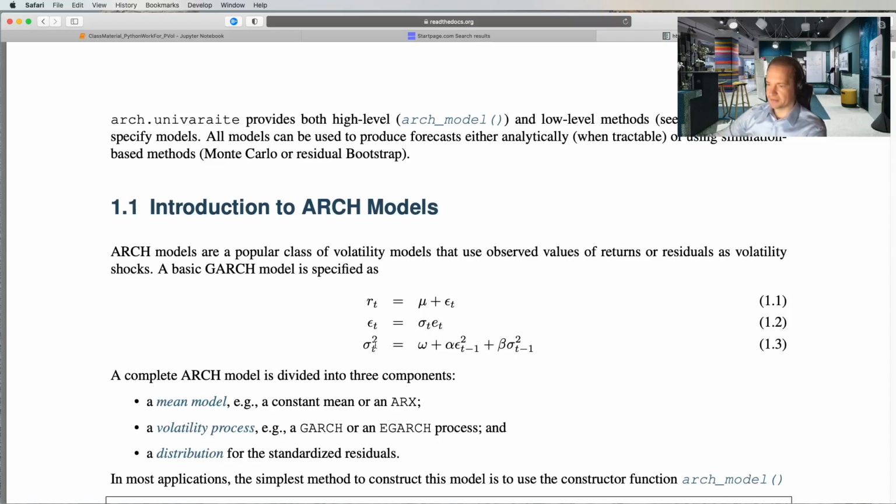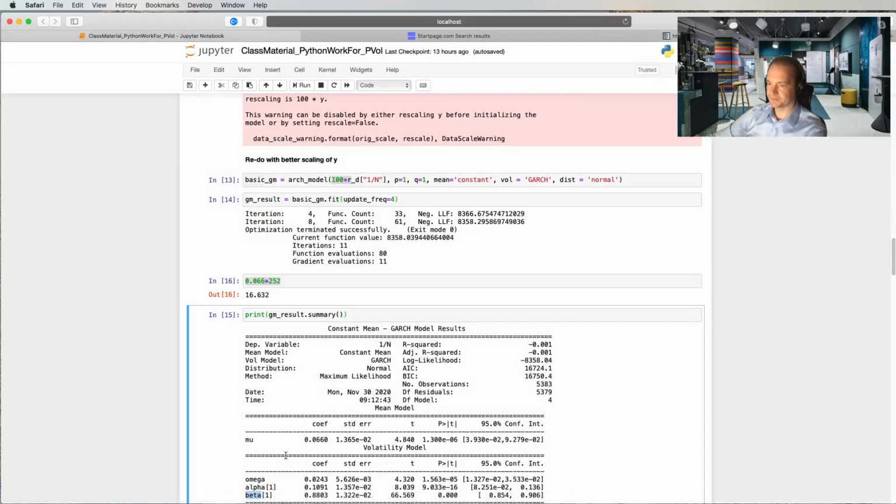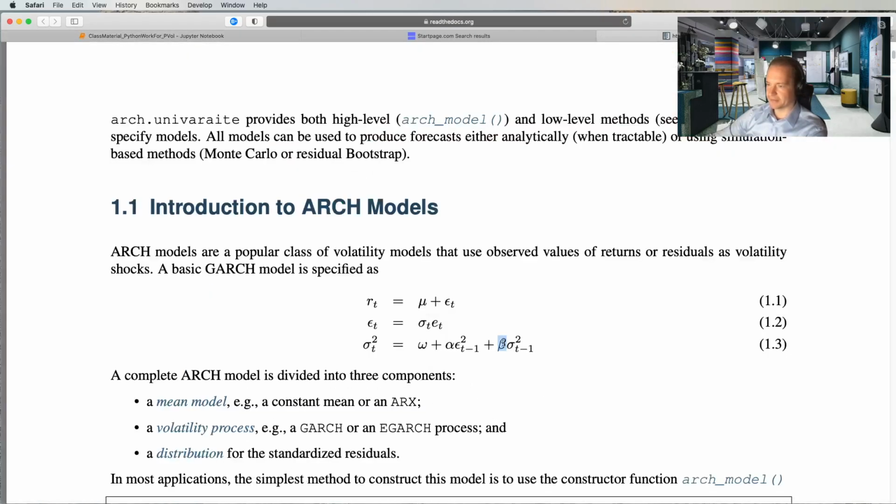And then you see sigma t squared depends on the last residual of the return squared times alpha plus beta times the last variance. These are the coefficients which we just estimated: the omega, the constant, the alpha, and the beta.